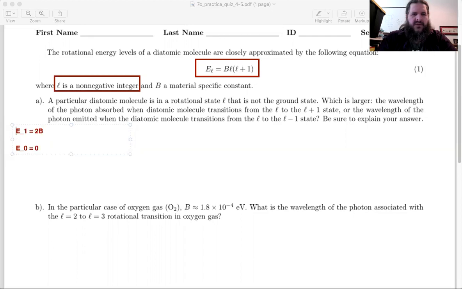What if you plug in 2 for L? We get B times 2 times 3, so that's going to be 6B. And then you plug in 3 for L, what do you get?